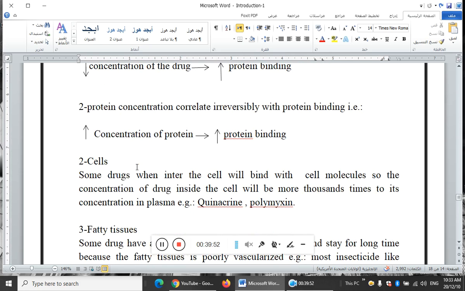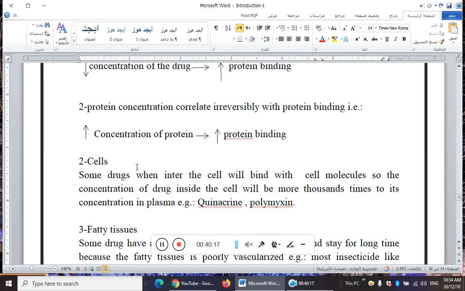The second storage depot is the cell. Some drugs, when they enter the cell, will bind with cell molecules. So the concentration of the drug inside this cell will be thousands of times its concentration in the plasma, like quinacrine and polymyxin.